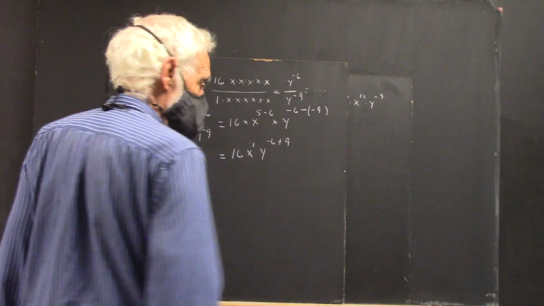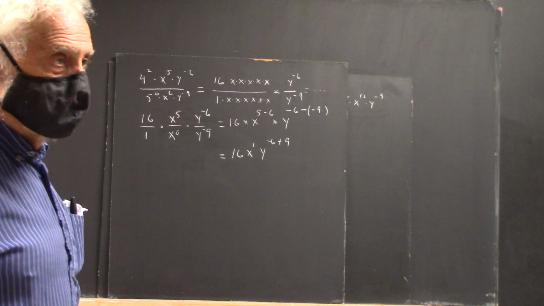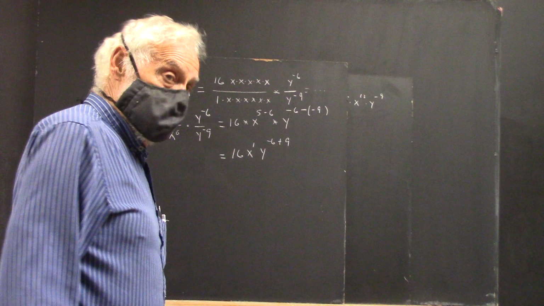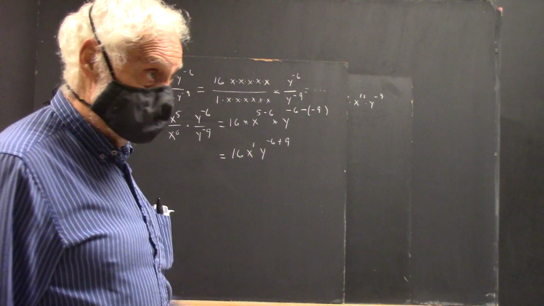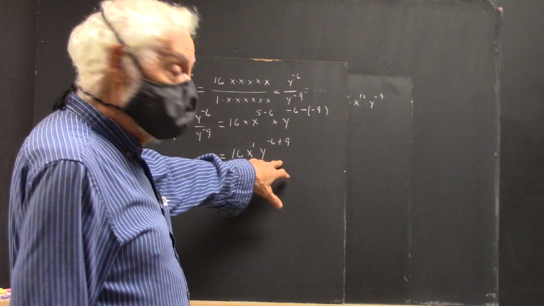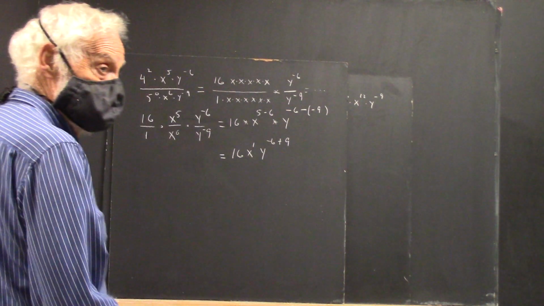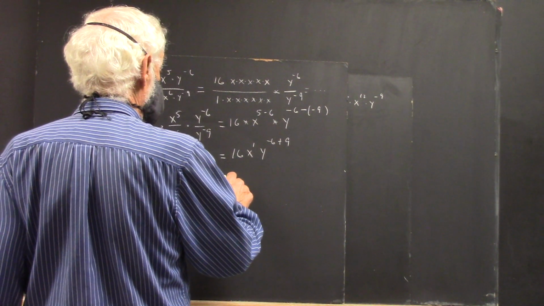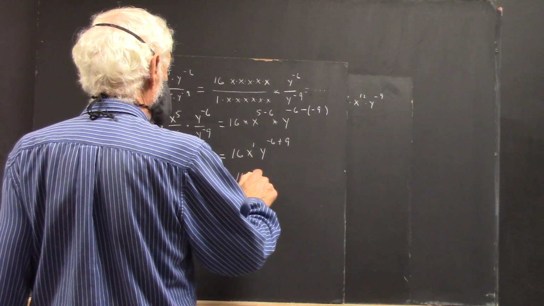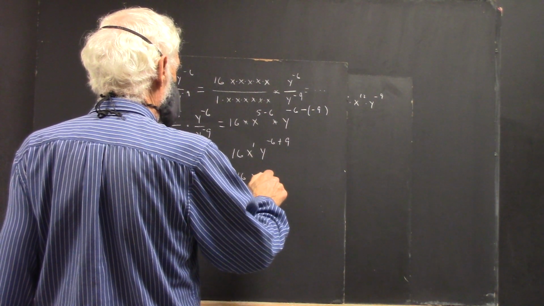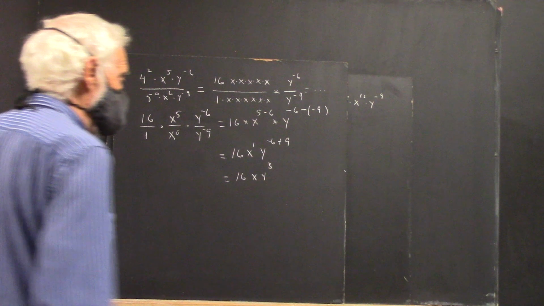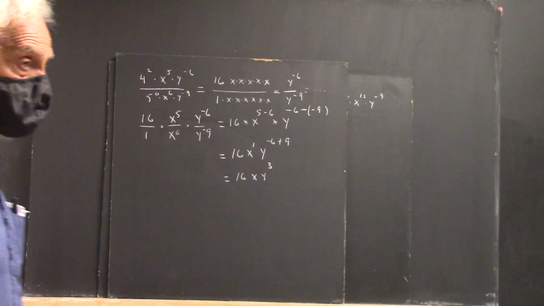Don't skip that step. Don't do it in your head. On a test, you'll have enough time. You can take the extra 12 seconds it takes to write this step out. If it takes more than that, that's okay. You have time. That's 16x, y to the third. Okay?